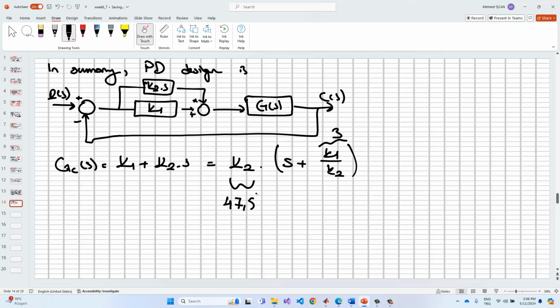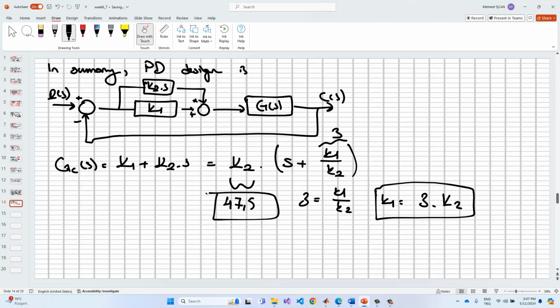And so the K2 is here, just like this one, 3 K1 over K2, and K1 must be equal to 3 times K2, okay? And so these are the basic coefficients of the PD controller design. And so if you want to implement this code based on this information, we need to select K2 as 47.5, and K1 must be updated in accordance with these values, okay?